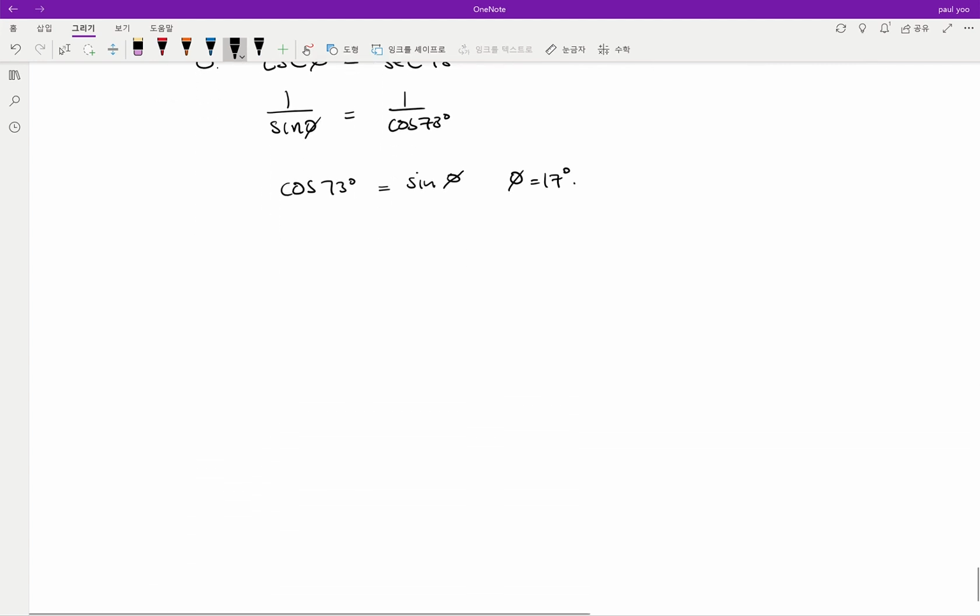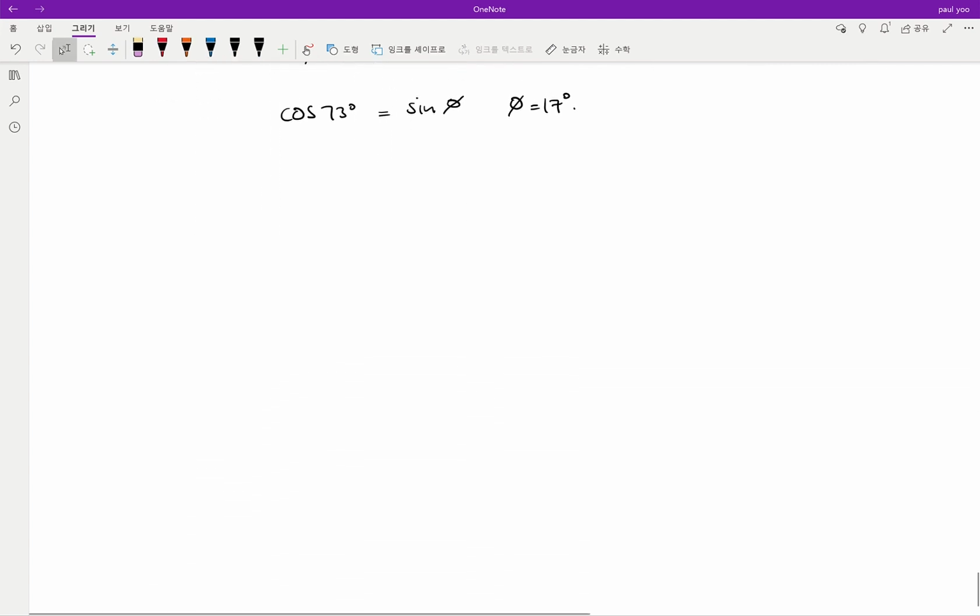Example 2. Find sine theta and tangent theta if theta is an acute angle, and you're given cosine theta is equal to 1 over 2.